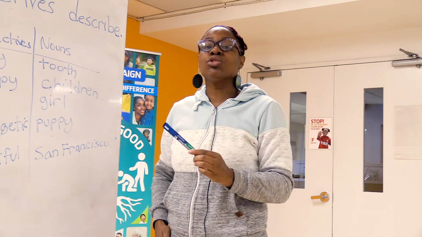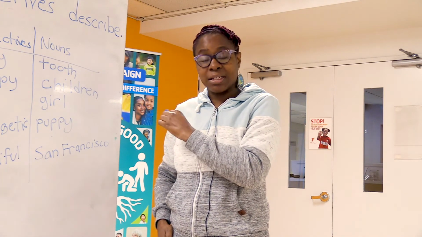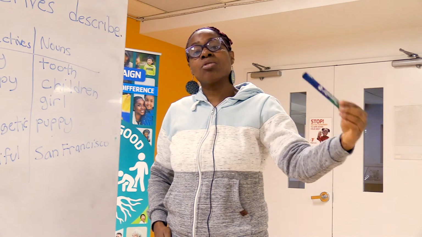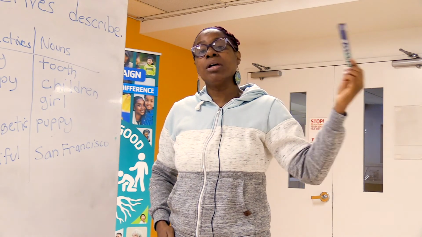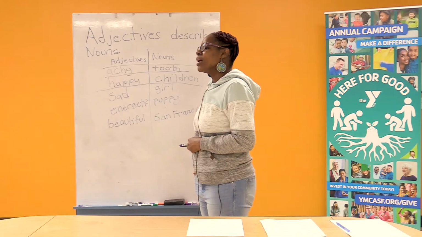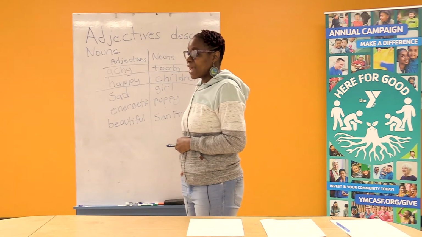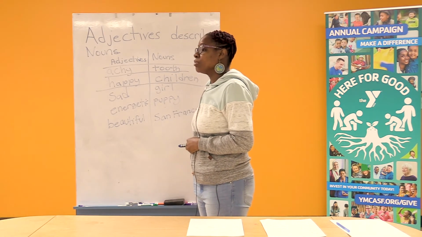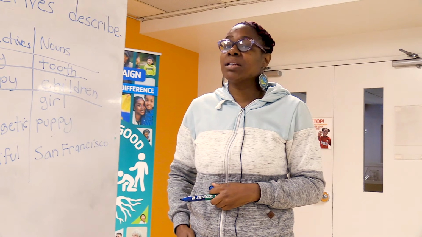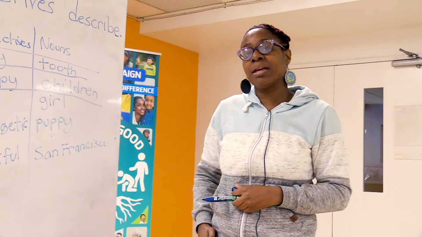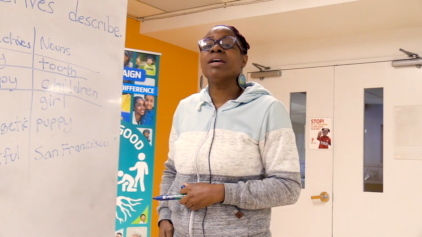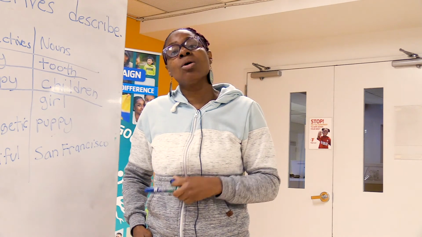Happy describes how the children were. In this sentence, sad is the adjective and the noun is girl. The girl was sad because it was raining and she couldn't ride her bike today. Sad is the adjective that is describing how the girl is, which is a noun.